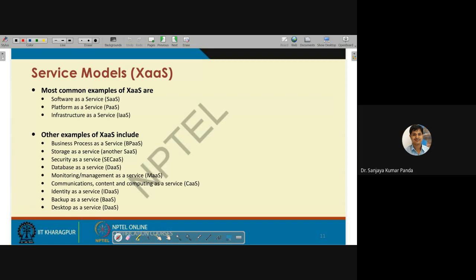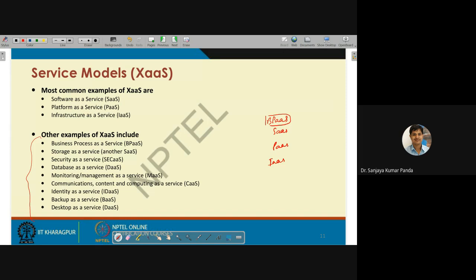Basically, we have three service models as I told you, but these are some of the examples of your XaaS. So on top of this IaaS, PaaS, SaaS, you can include one of these services, like we have seen a diagram called BPSS, Business Process as a Service.